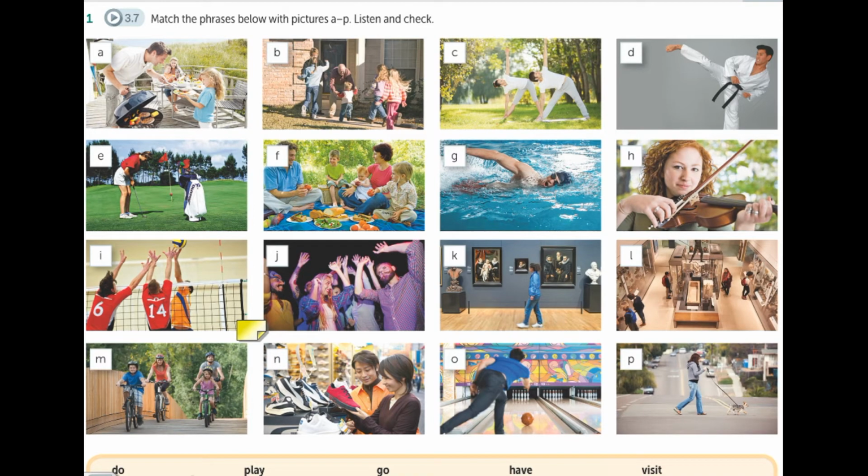So remember these verbs. Do, we use to talk about activities. You do activities, especially the ones that you talk about physical activity, like you do aerobics, remember? You do martial arts, like taekwondo, okay?